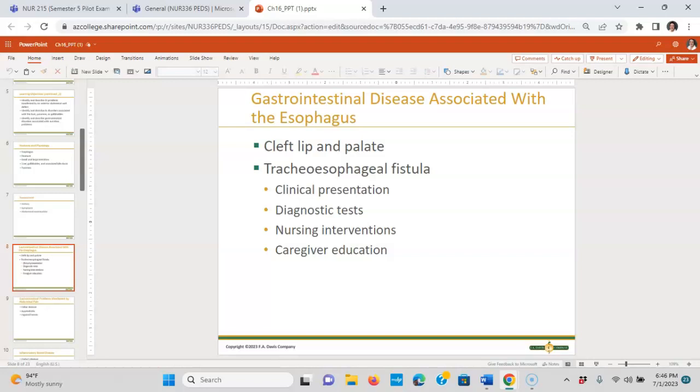So we may go ahead and give IV and antibiotics to this patient to replace all those losses. Antibiotics because of the bacteria that now are in their lungs from choking down that food in their lungs instead of their belly. Caregiver can assist with oral feedings once the child has approved, once we know that everything is okay.